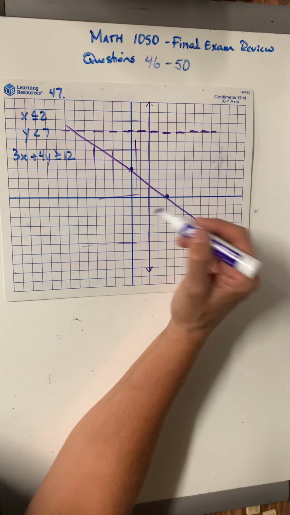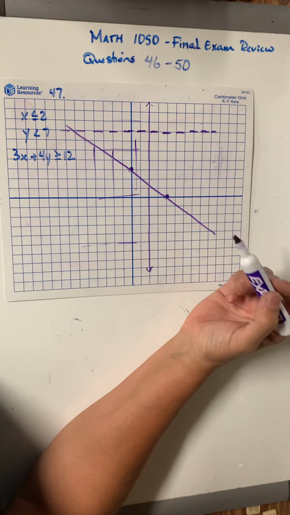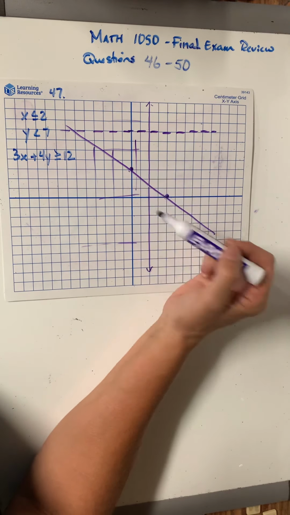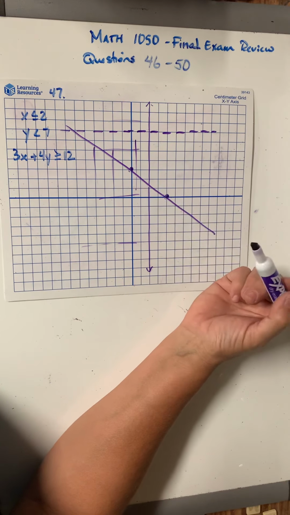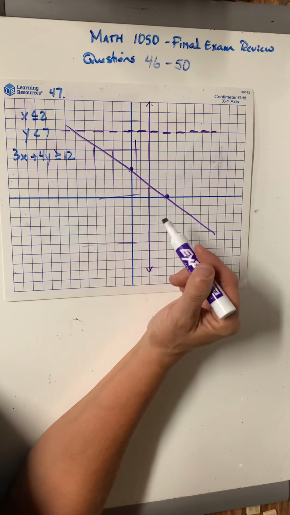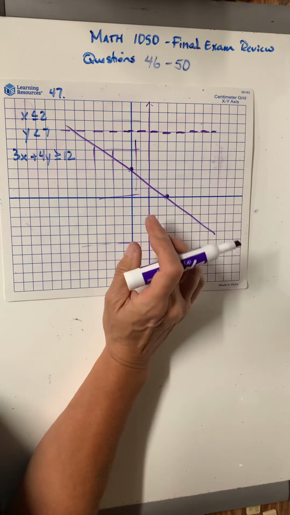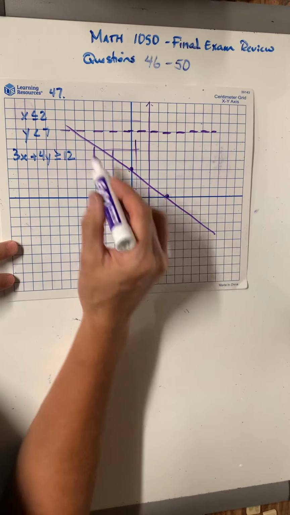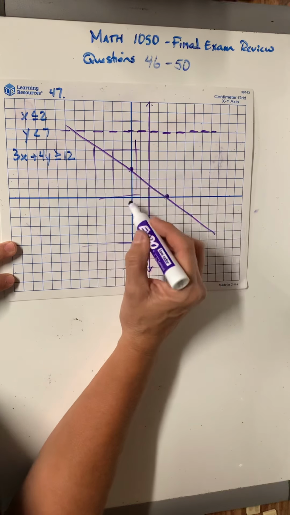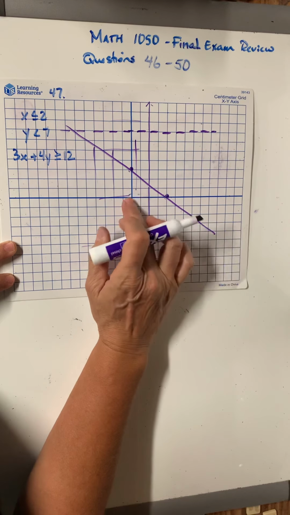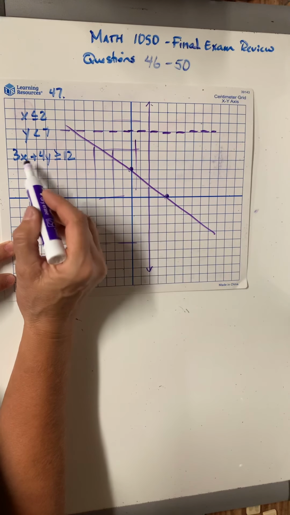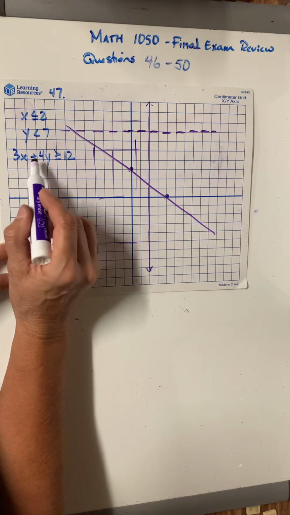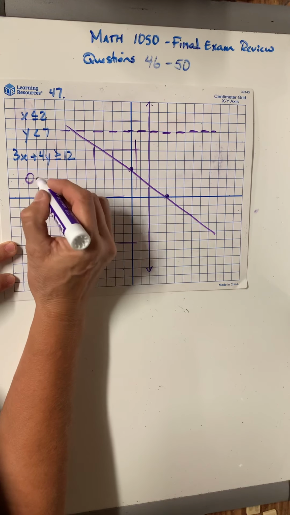Now, how do I know what side to shade for greater than or equal to? The other two were kind of easy because it just felt like a number line. But here, what I do is I choose a test point. And so I can choose anything that's not on the line. So if 0, 0 is available, I will choose it. So if I put 0 in for x and y, I get 0 plus 0 is greater than or equal to 12.